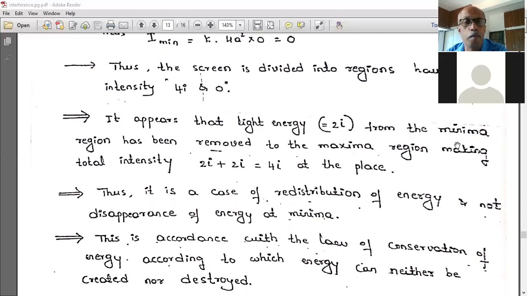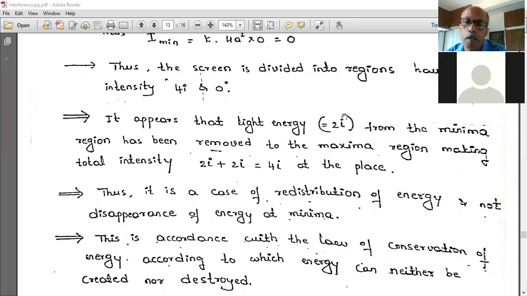At the points of minima, the 2i is removed, and at the points of maxima, this removed 2i is added.